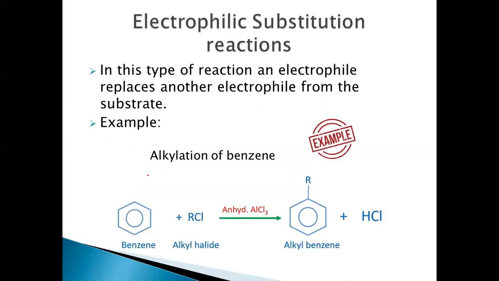If you take, for example, benzene on reaction with an alkyl halide in the presence of a base like AlCl3, it results in the formation of an alkyl benzene and HCl.